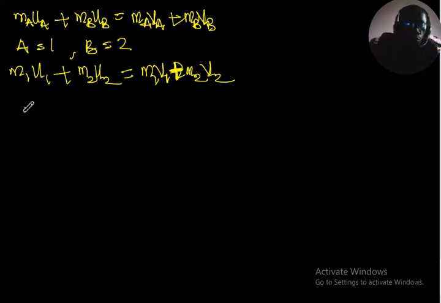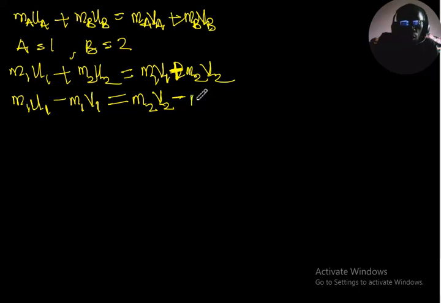Now, how do we go from here? Bring all the initial together. That is, I'm bringing M1 with U1, then M1 V1 will come to this other side, becoming minus M1 V1, equals, on this other part, M2 V2 minus, then this will come over here, M2 U2.